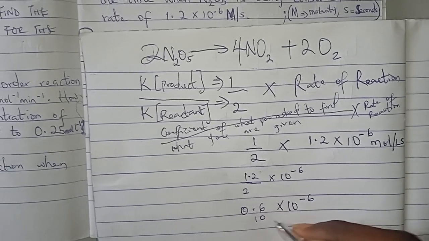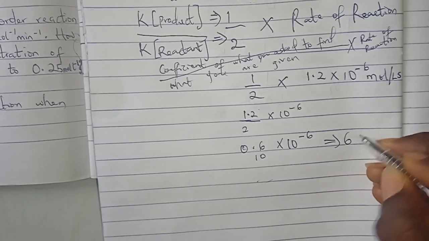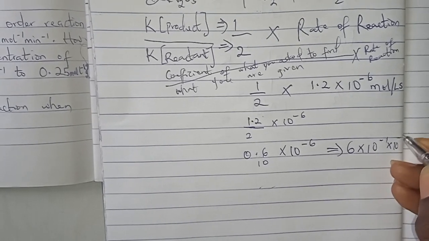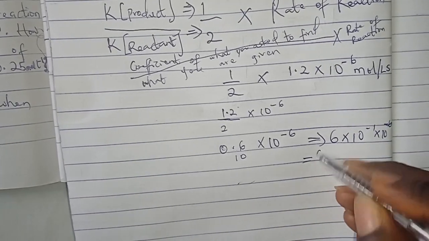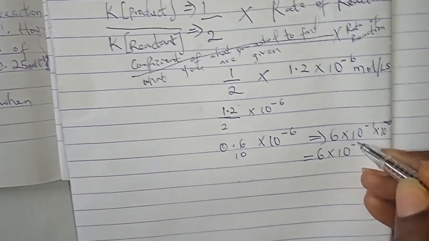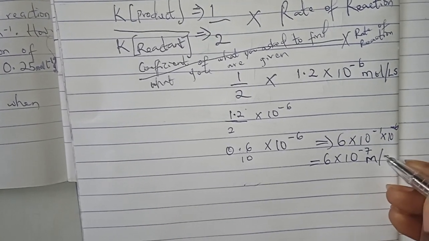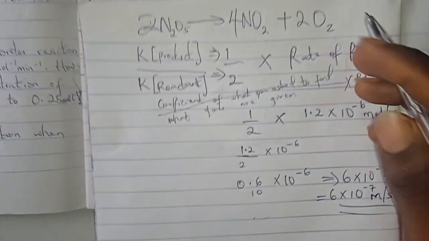This is the same as 6 times 10 raised to power minus 1 times 10 raised to power minus 6, which is 6 times 10 raised to power minus 7, mole per liter per second. So that's your answer.